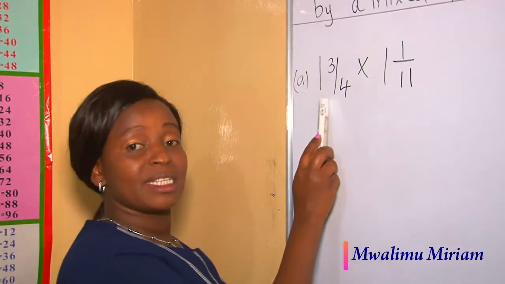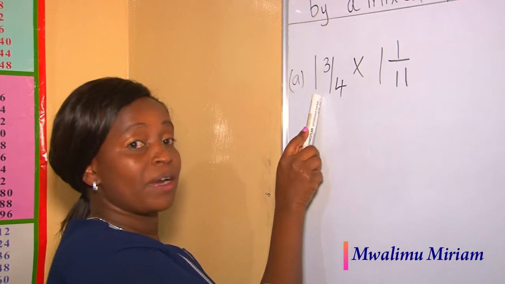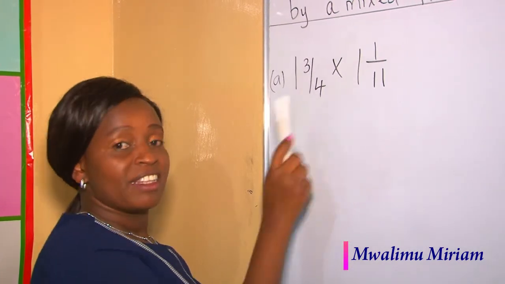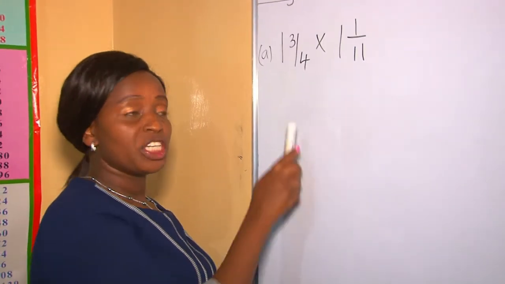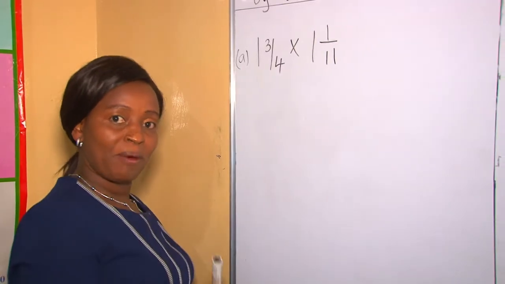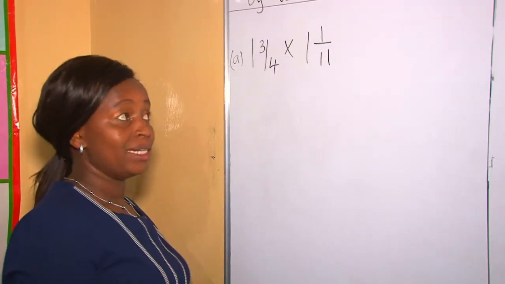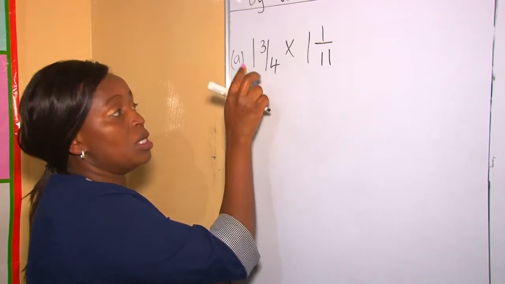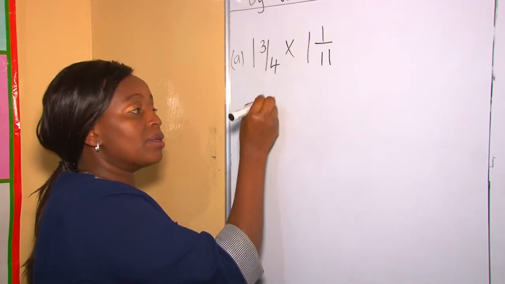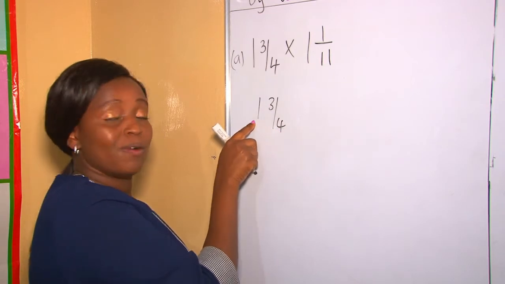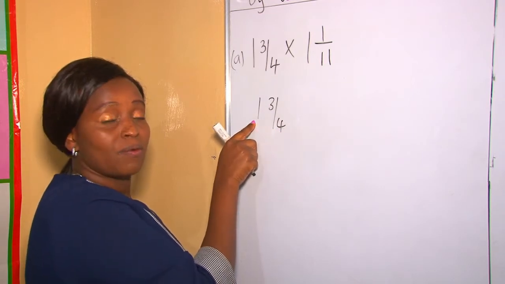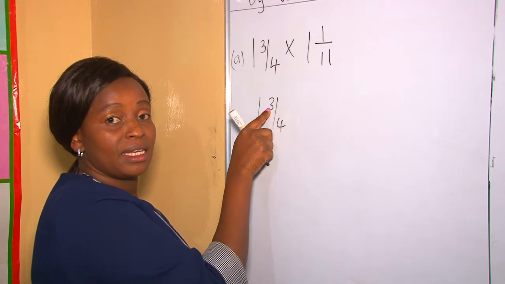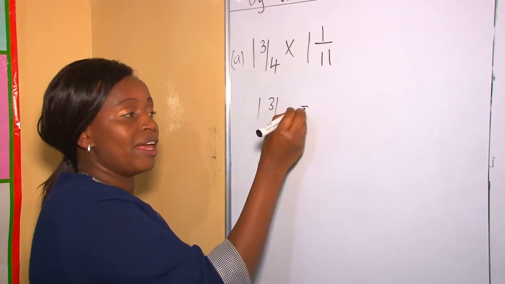Now let's work out this multiplication of a mixed fraction by a mixed fraction. The first step is you change the mixed fraction into an improper fraction, what we have just done. So 1 times 4 is 4, plus 3, it's 7.